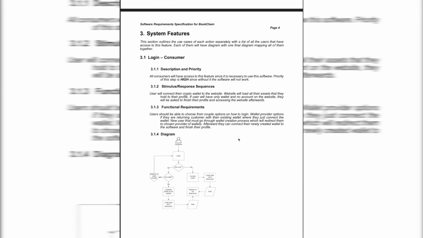So continuing down here, I wrote a detailed description of each requirement, including any constraints or assumptions that were relevant. I made sure to be as specific and clear as possible, and this would help to prevent any misunderstandings during the development process. I also included examples and scenarios to help illustrate how each requirement would be used in the real world.